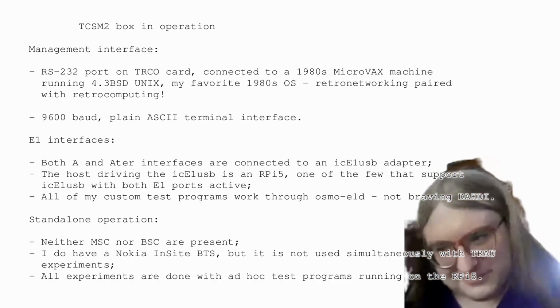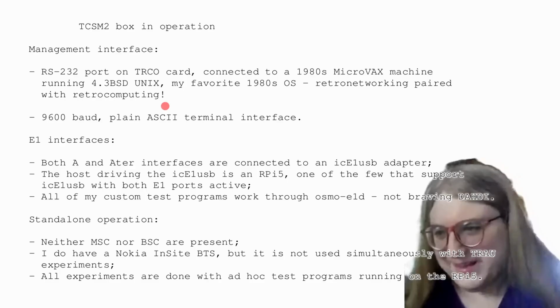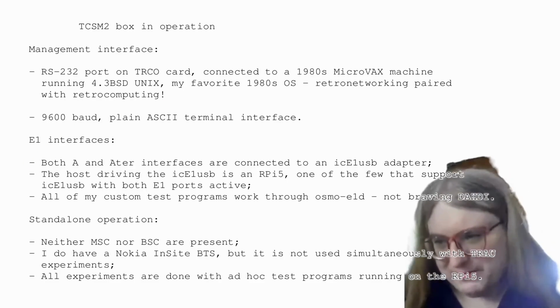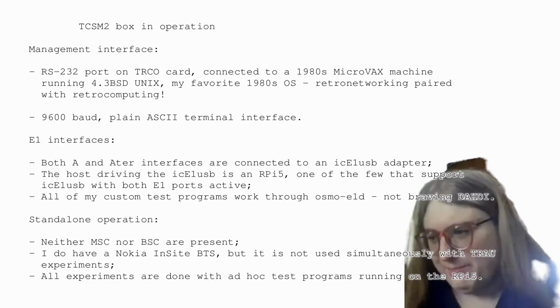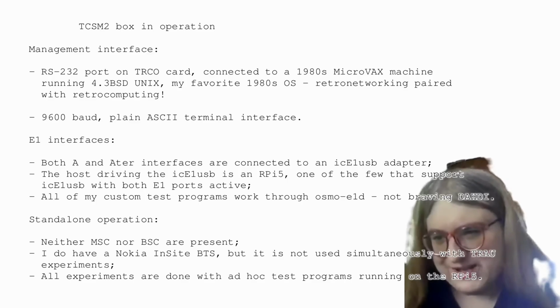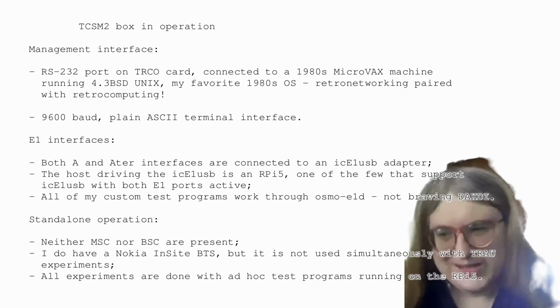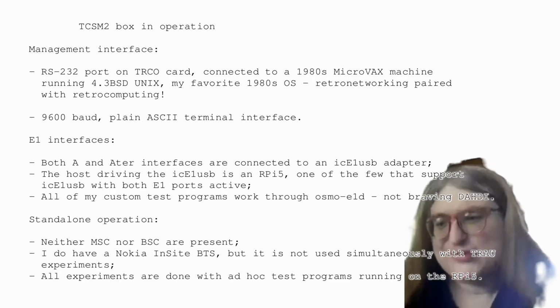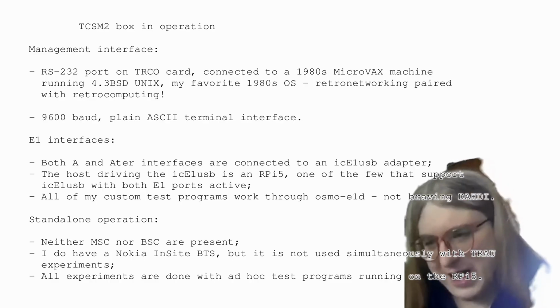And it worked beautifully. And so for the E1 pieces, we already saw in pictures how they were physically brought out. The part that wasn't in the pictures was the ICE1 USB, but everybody here knows what ICE1 USB looks like. And the ICE1 USB was driven by a Raspberry Pi 5.